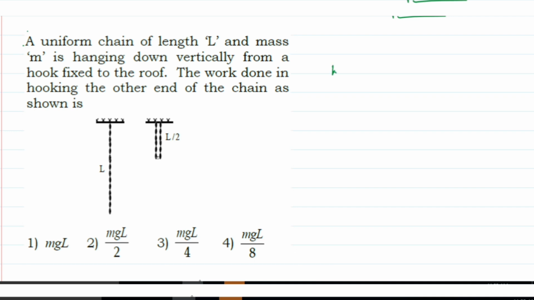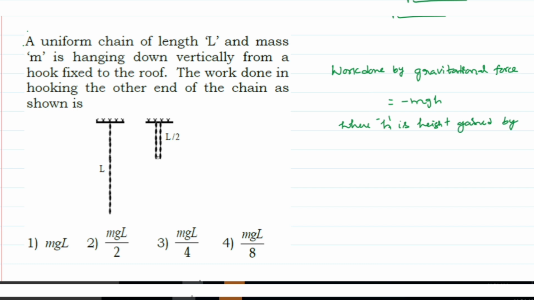In fact, the work done by the gravitational force is minus mgh, where h is nothing but the height gained by the center of gravity of the body.